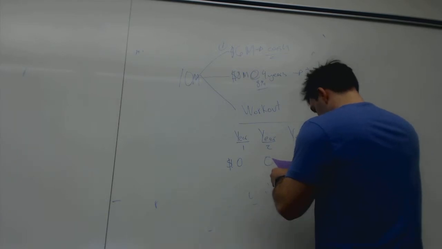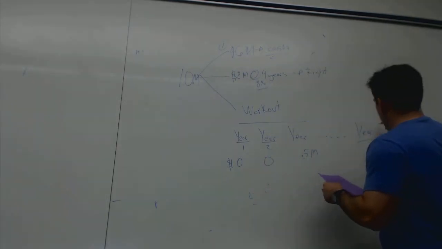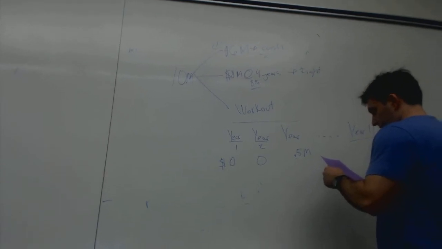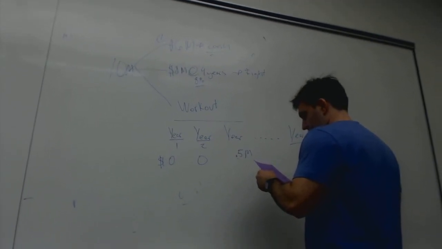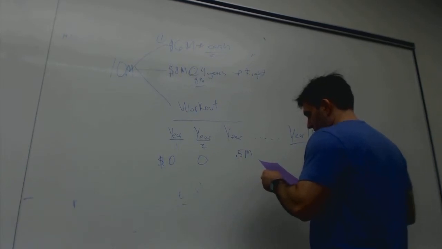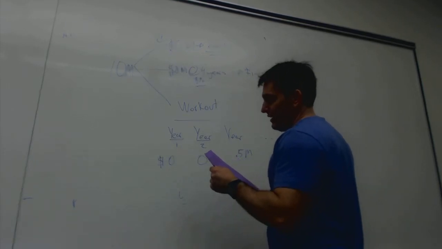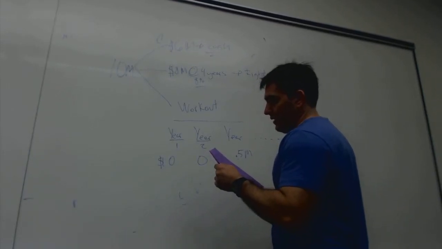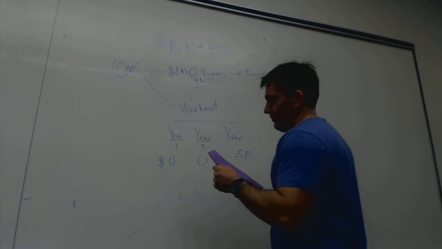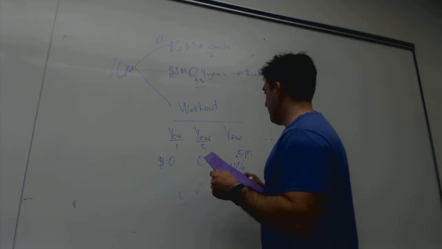Year 9 is the year 11. Yeah, sorry, year 11. Here you get 5.5, right? You get 5 million at the end of the 11th year. And you assign this a 10% discount.